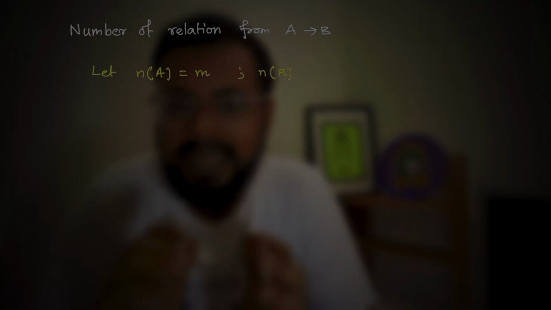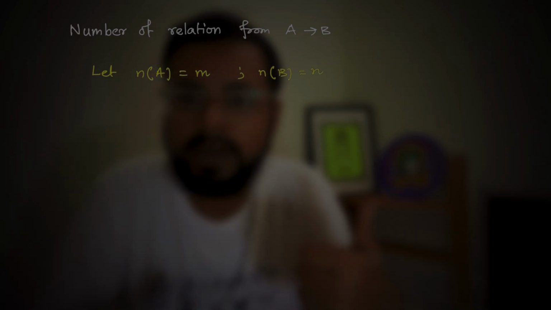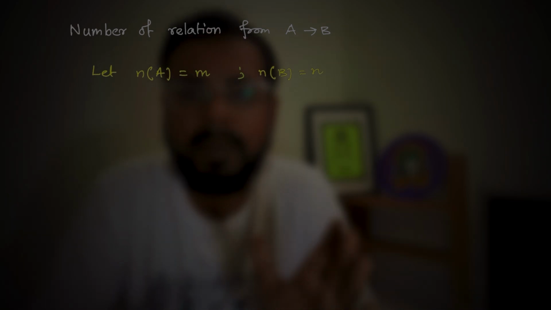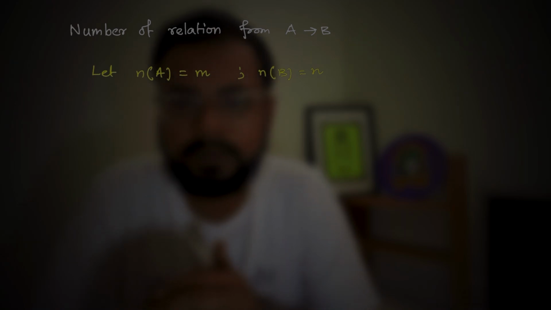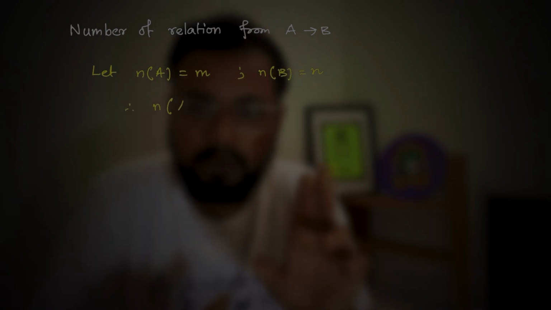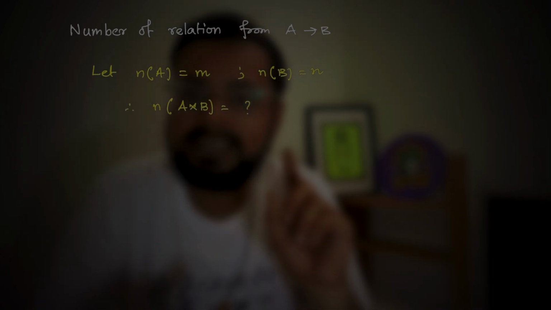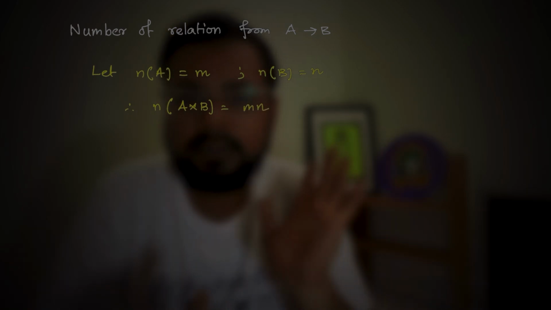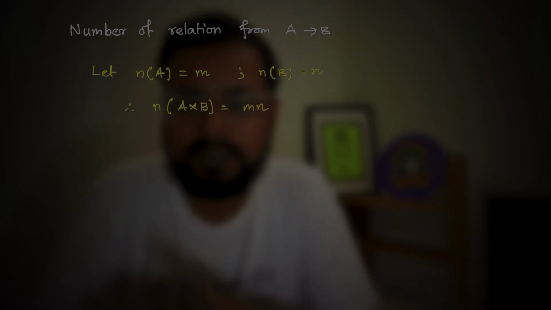Now we jump into our next segment, the number of relations from a set A to a set B. Let us assume that A has m elements and B has n elements. Then we already derived that A cross B must have mn elements. So we know that a relation R is any subset of that A cross B set.